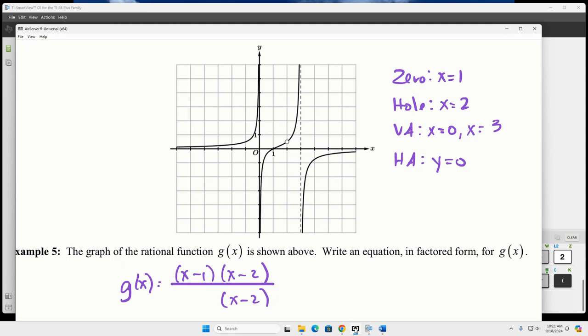So what factor would give you 0 as a vertical asymptote? Just x, good.